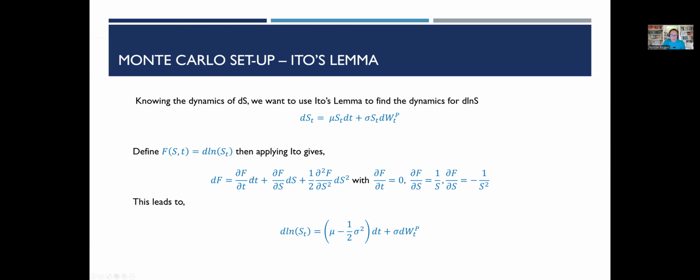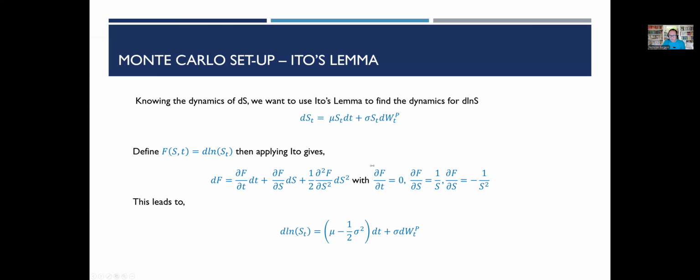And then we need to compute these terms, df/dt, df/dS, and the second order d2f/dS squared, and we plug in the dynamics of S from the geometric Brownian motion. Once we do all of that, we can substitute all these terms and we'll have a solution.